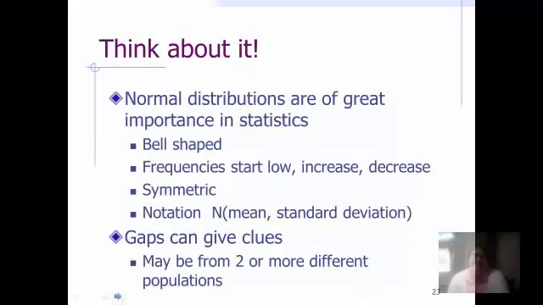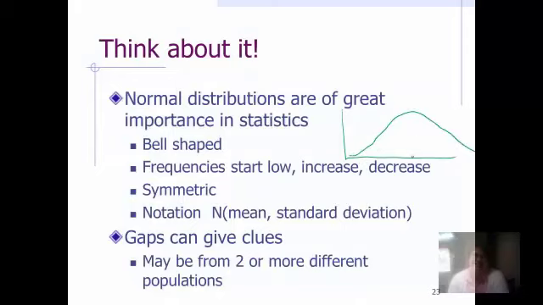Now again, like I told you before, normal distributions are of extreme importance in statistics. They're bell-shaped. Let's think of our graph here. They start low, the number increases, and then it decreases.